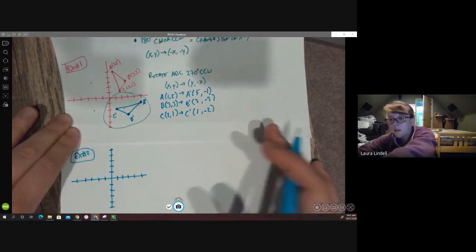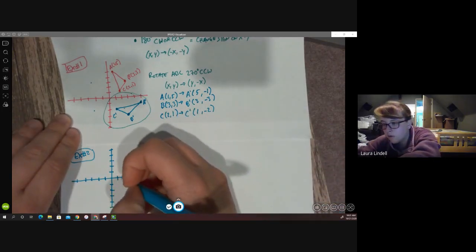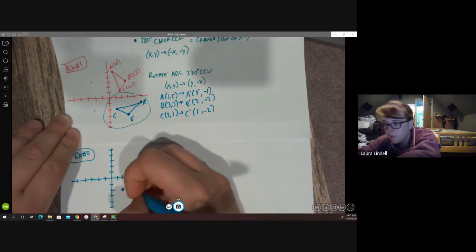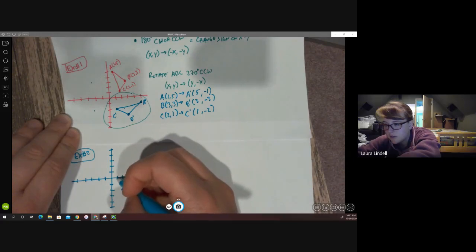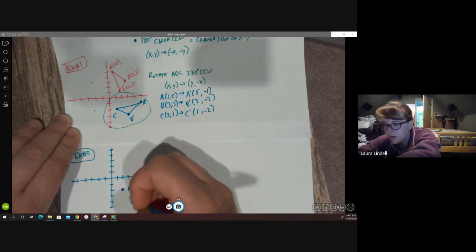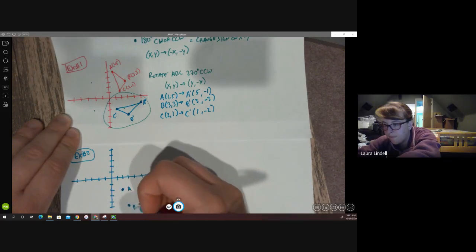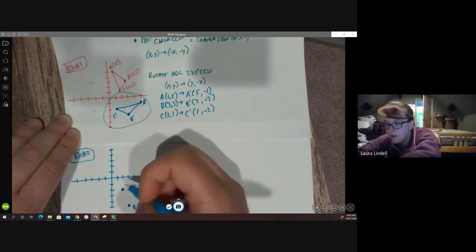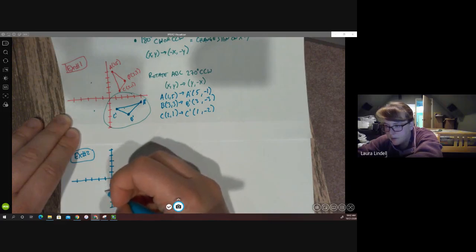Okay. So my original shape is going to be, we'll go over 2, down 2 for one of my points. That'll be A. Over 3, down 5 for B. C will be over -1, down 2.